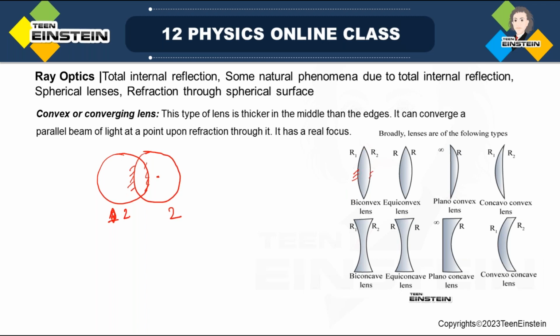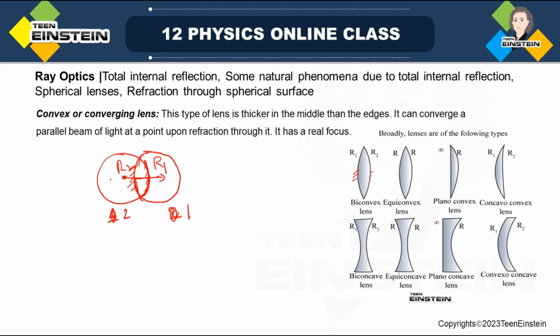I'm sorry, this will be written 2, this will be written 1. So this radius of curvature is R1, the radius of curvature of this refracting surface, and the radius of curvature of this refracting surface is taken as R2 in this direction. Okay, R2.